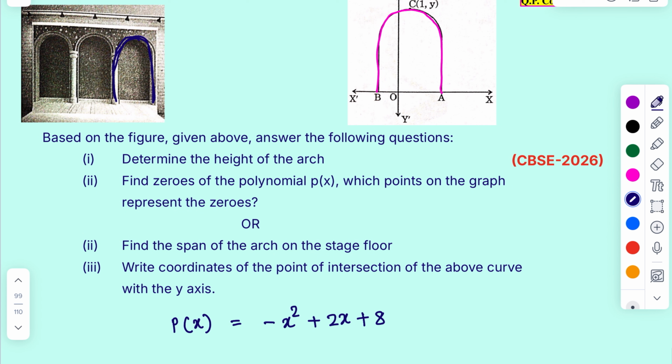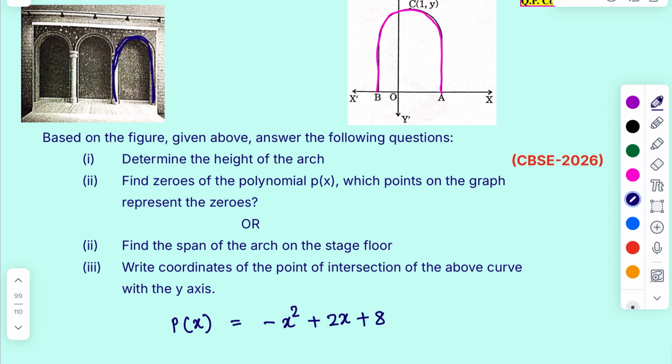Now the second part is, find the zeros of the polynomial p(x), and which points on the graph represent the zeros. To find the zeros of the polynomial, we have to put p of x equal to 0. When we put p(x) equal to 0, we will get the values of x, and those are the zeros of the polynomial.